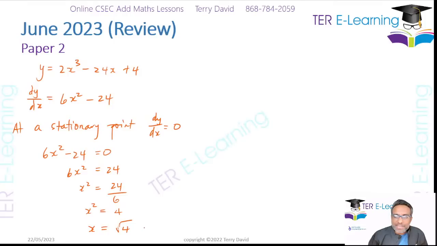But in hard maths, as well as in maths, you need to remember that the square root of any number is a positive or a negative value. So in this case, it's plus or minus 2. Those are my two x values: x is equal to 2, and x is equal to minus 2. So those are my two possible x values for my stationary points.